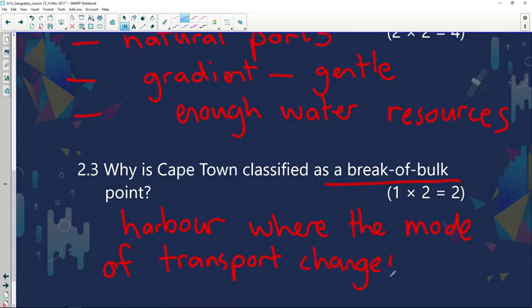Now, just a tip, any place development, any urban place that's well developed, when we look at our IDZs, is a break of bulk point. For instance, Durban, Port Elizabeth, Uitenhage is another example.